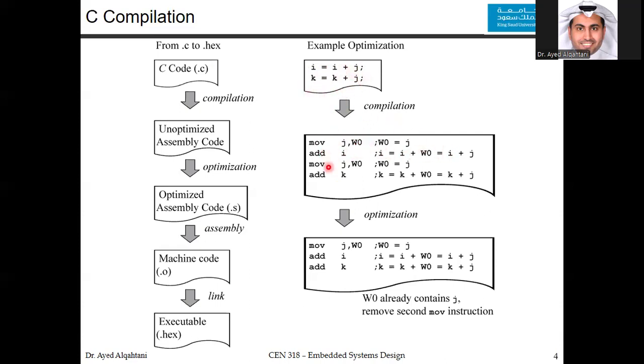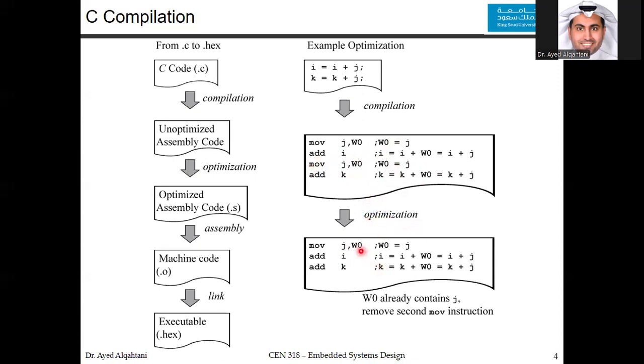Again here, you move the value of J to the register, and then you do the addition. Notice that we use move for the same purpose, where there is no need for the second move instruction. And this is the part that is done in the optimization. You take one of these instructions out.